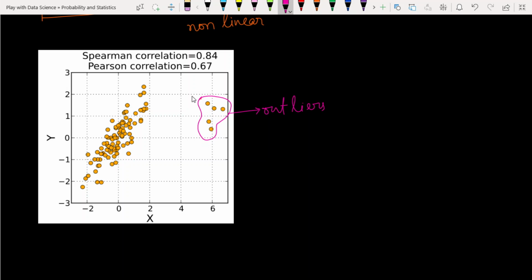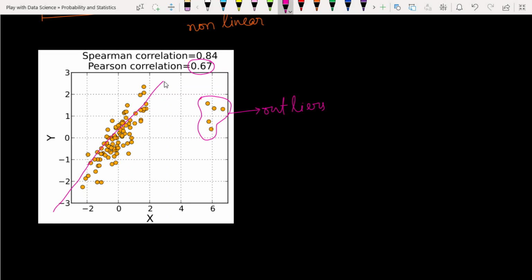But if you take the direct X and Y data, the Pearson correlation gives the value 0.67. It means it's linear-type data, but it doesn't lie on a proper straight line.